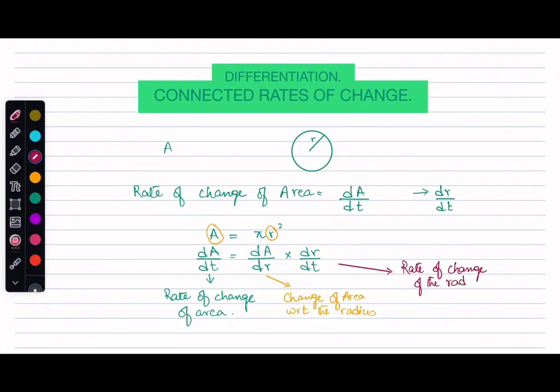So this is how we will be making our connected rate of change equation, which is also called the chain rule. We are following the chain rule to form connected rate of change equations in differentiation.